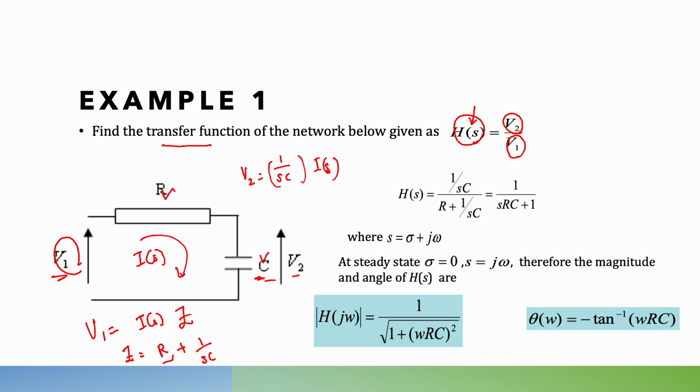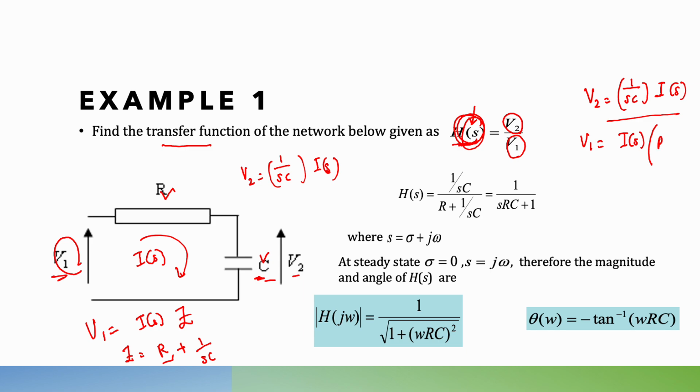In the S domain, of course, because the H we want to find is in the S domain. V2 is equal to 1 over SC times I(s), divided by V1, where V1 is equal to I(s) multiplied by the total impedance.